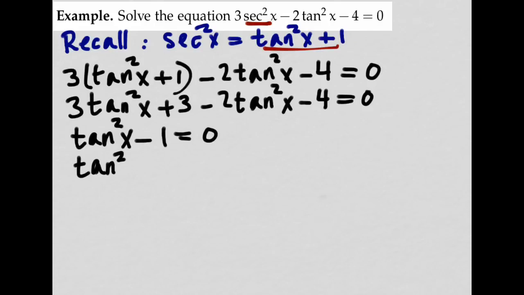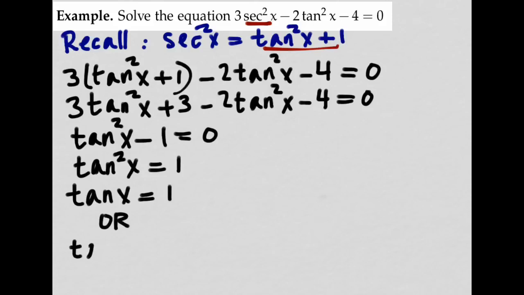Tangent squared x equals 1, which means that by taking square roots, tangent x equals 1 or tangent x equals minus 1. Keeping in mind that pi is the period of tangent x, let's solve the equations tangent x equals 1 and tangent x equals negative 1.